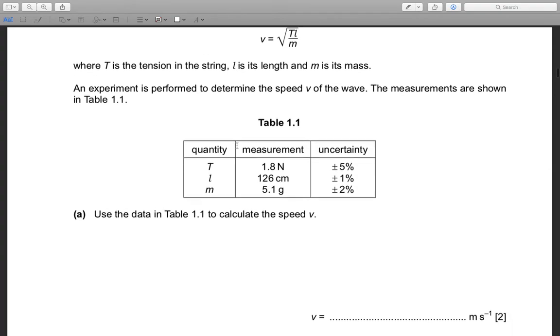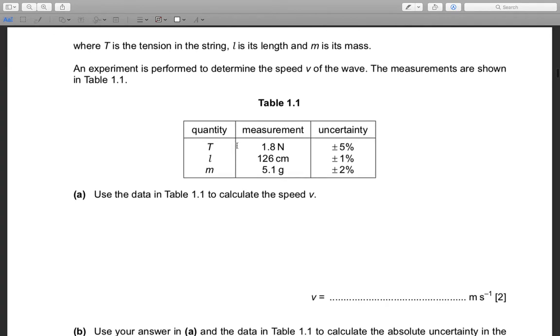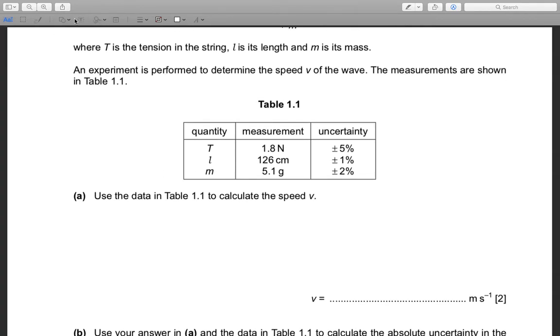We have this formula, so we calculate v. v equals the square root of T times L divided by m. So we directly use 1.8 times 1.256 in meters, divided by the mass 5.1, but we need to change it into kilograms, so times 0.001.